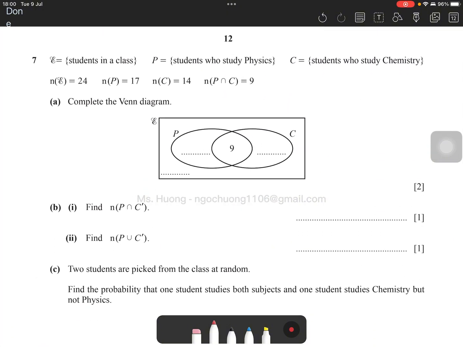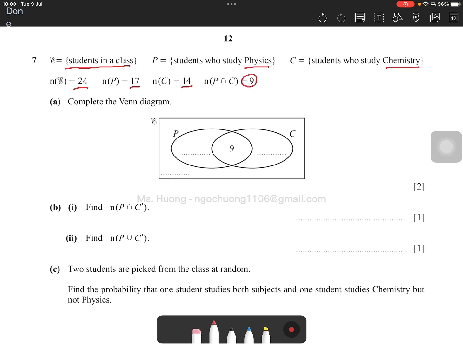Question 7. We see some information like the students in the class, the students who study physics, the students who study chemistry, and the universal set has 24 elements. There are 17 students who study physics, 14 students study chemistry, and 9 students study both.